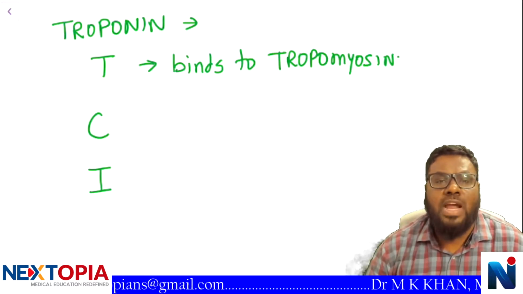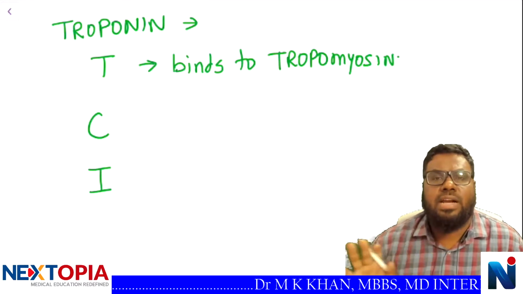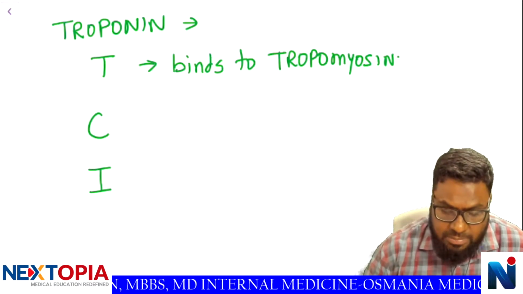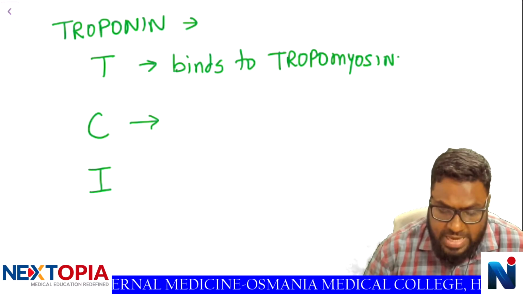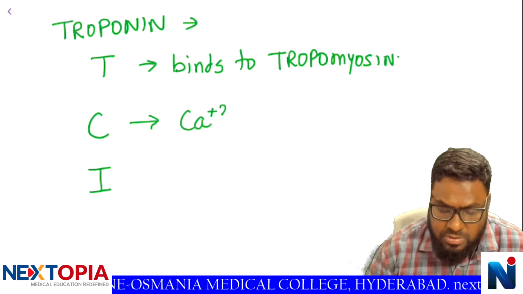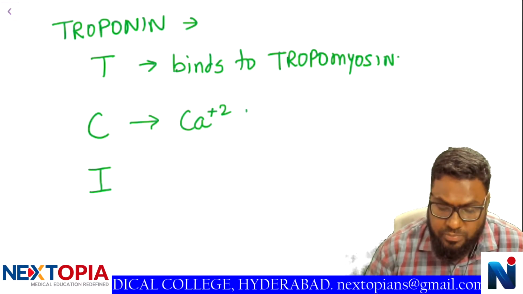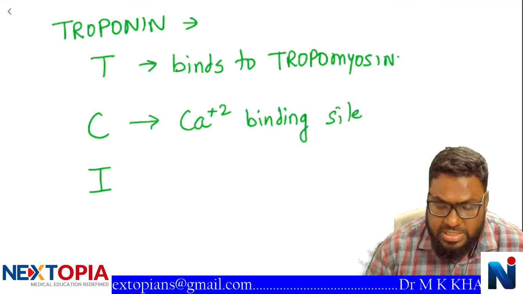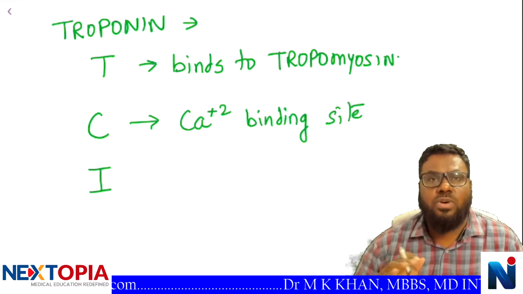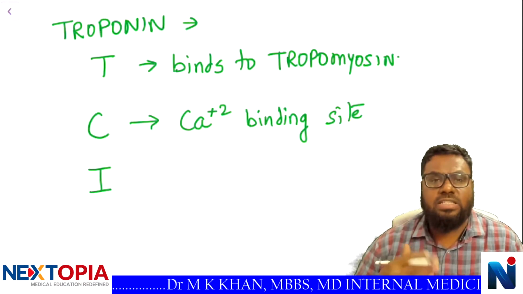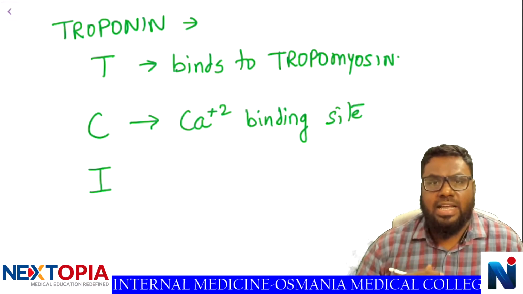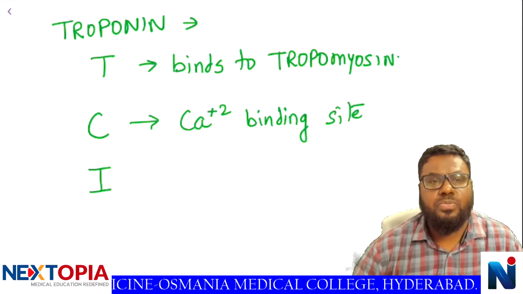Next comes troponin C. Under resting conditions, there is no calcium attached to the troponin. But troponin C provides the calcium binding site, hence the name troponin C. In the resting state, it is free. But once contraction begins, the calcium binding site opens, I mean, it provides a binding attachment for the calcium.